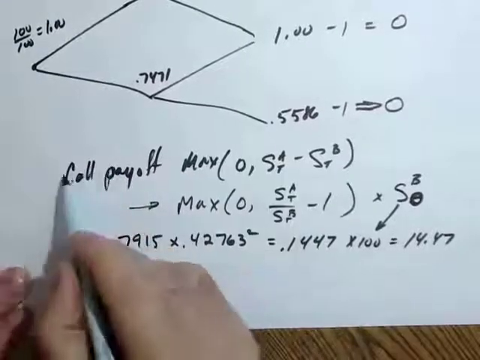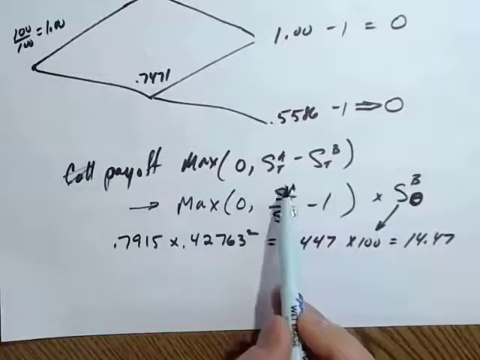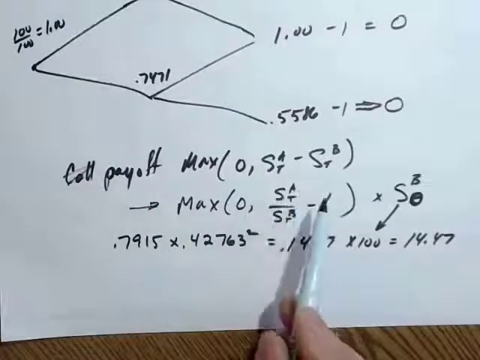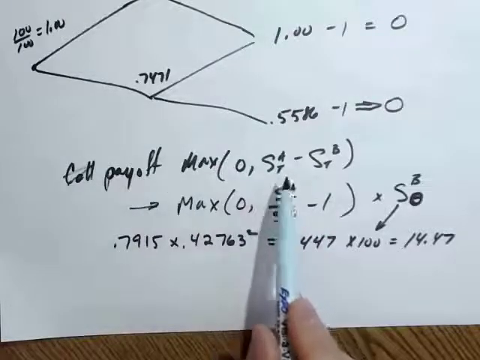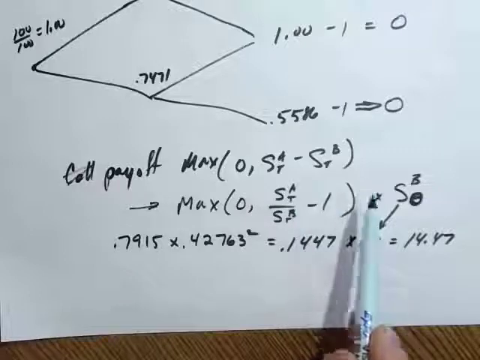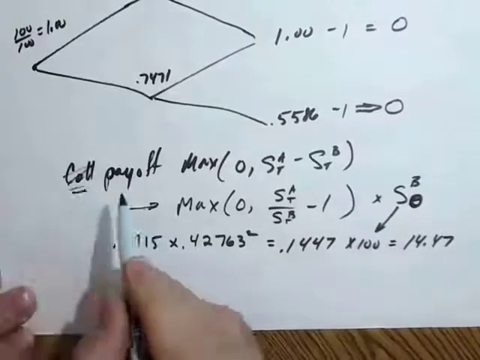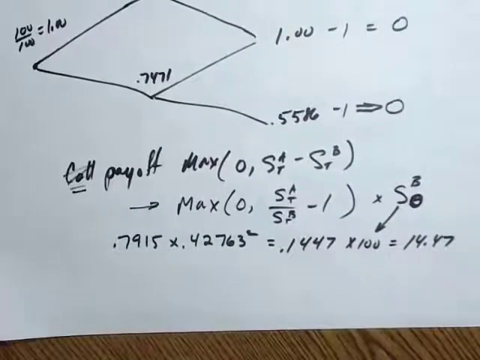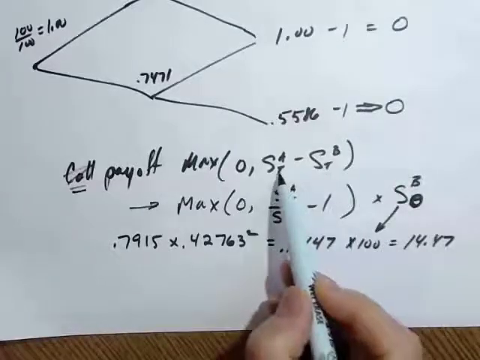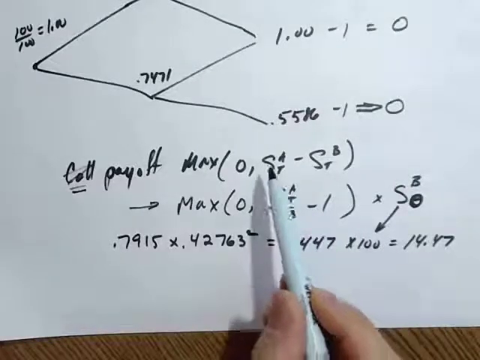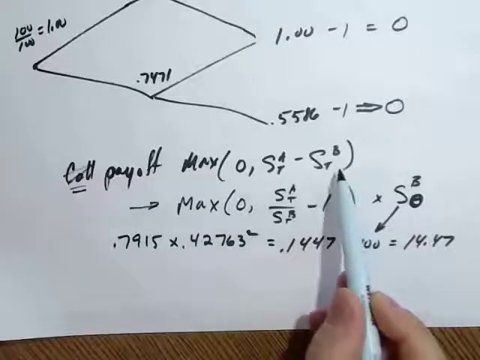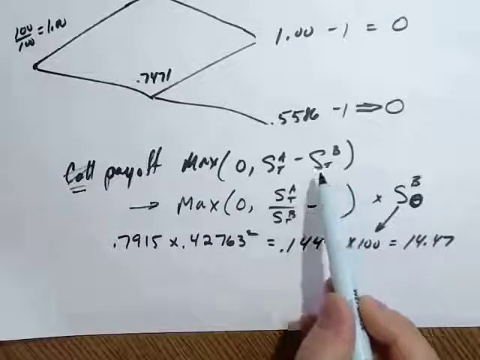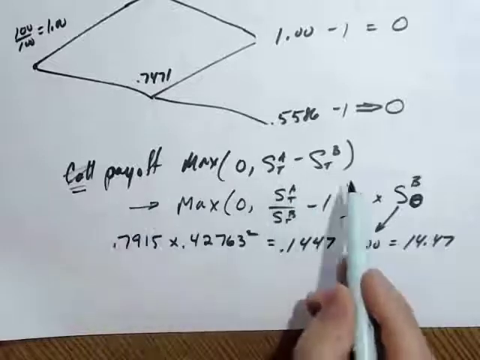They wouldn't call it a call, but if you look at it more closely, this option basically resembles a call on stock A relative to stock B. So in a sense, it is a call option, but you've got to be clear, because if you're not familiar with it, you'd ask, is this a call option on stock A, or is it a call option on stock B? Yeah, it's kind of both. It's a call option on A relative to B.